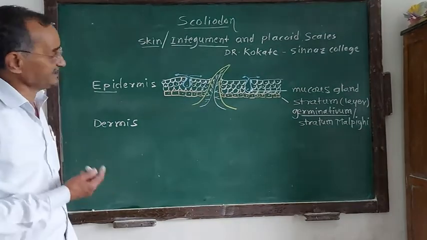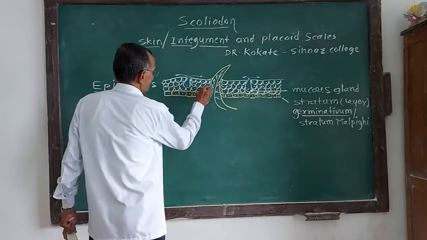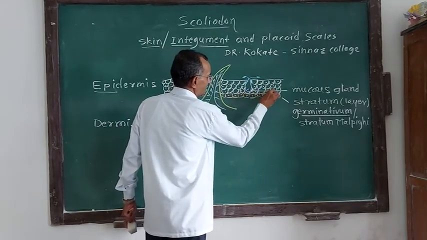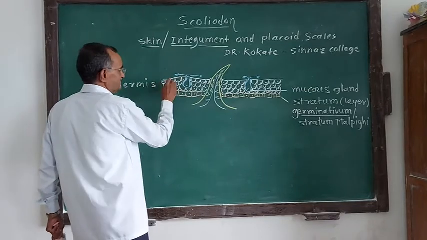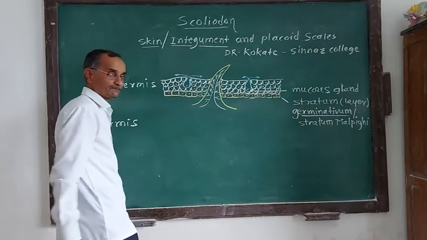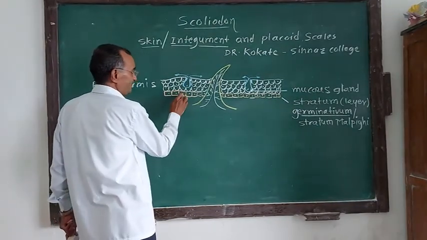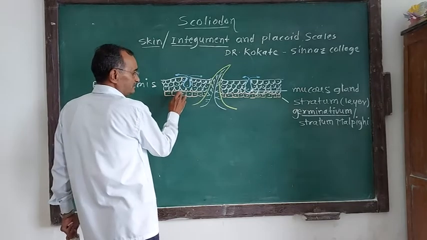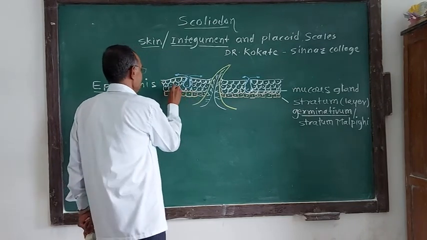This layer germinates the cells of the layers above in the epidermis. When the cells of the uppermost layer of the epidermis become old, they are removed, and at that place new cells are added, which are prepared by the cells of the stratum malpighi layer, and they are added to the layer above.